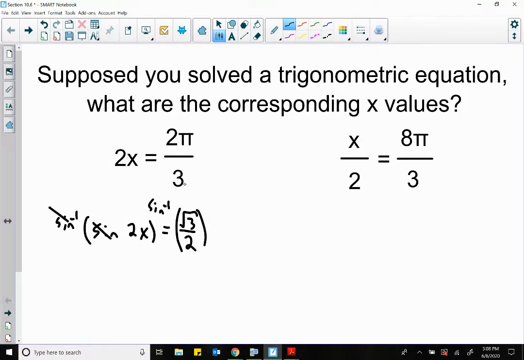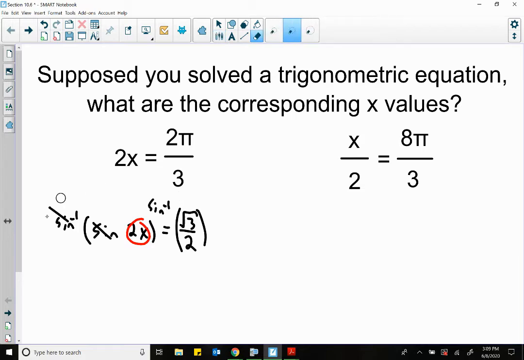I've gotten my answer, but I have a little bit more because this is not just x left like what we had before. When we did section 10.5, this would have just been the answer, x equals this. But this is not just x anymore. It is now 2x. So now we have 2x equal to 2 pi over 3.